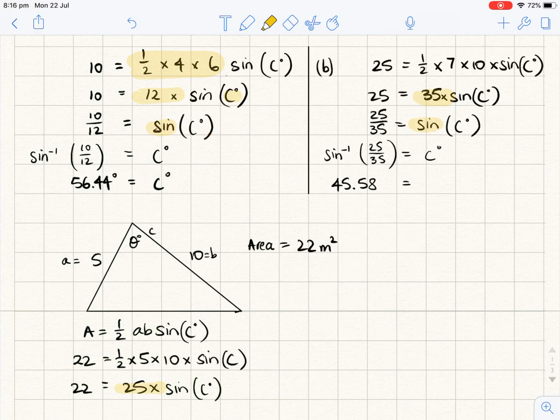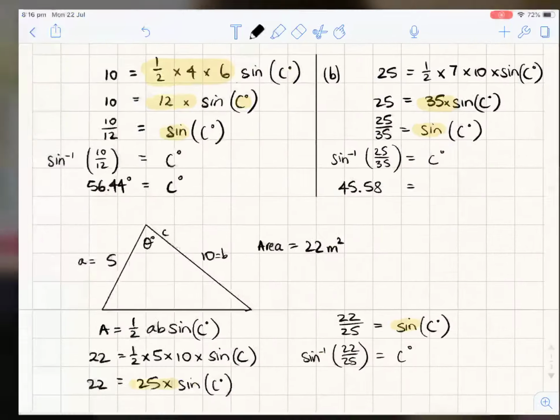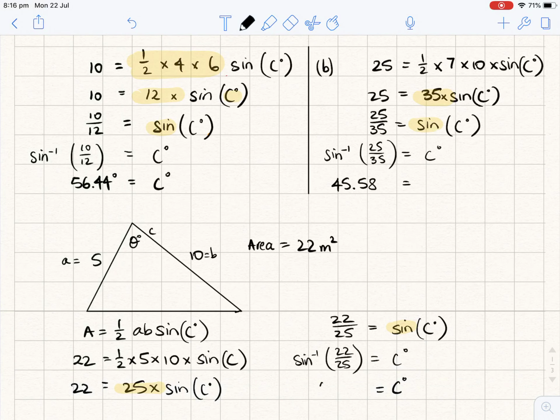Do the opposite of times by 25, which is to divide by 25. And now the opposite of sine, which is inverse sine. Break out your calculator, inverse sine of 22 over 25, get your answer, 61.64 degrees. So C is 61.64 degrees.